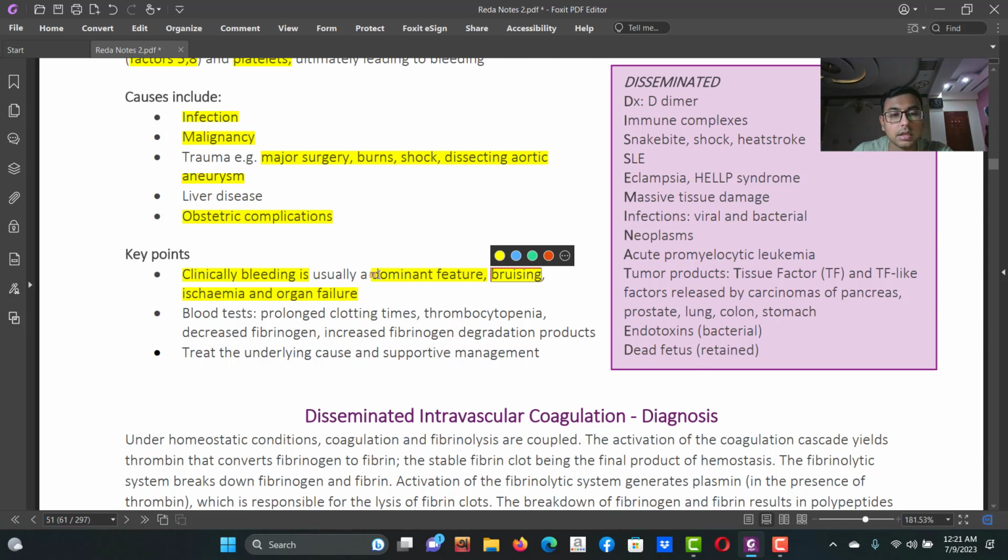Organ failure, clinical bleeding, and blood tests: prolonged clotting time, thrombocytopenia, decreased fibrinogen and increased fibrinogen degradation products, and treat the underlying cause with supportive management. So there may be prolonged clotting time and more bleeding.